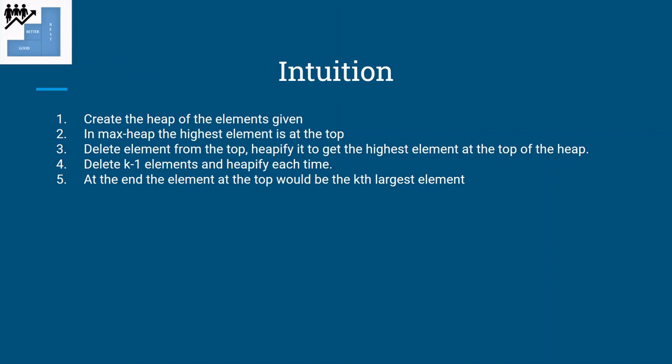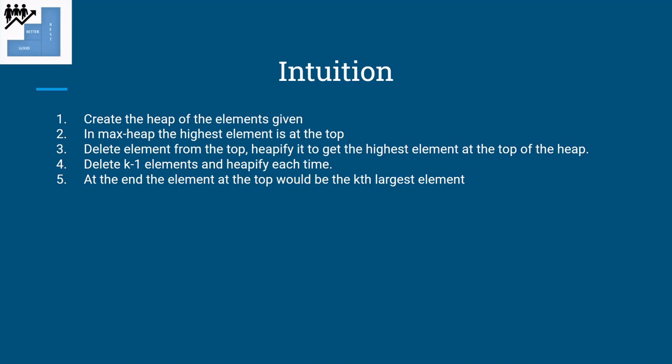So let's see what the intuition is. Whatever elements we are given, we'll create a heap out of them. This is going to be a max heap. In a max heap, the highest element is at the top. So if we have to find the first highest element, it is already there on the top.